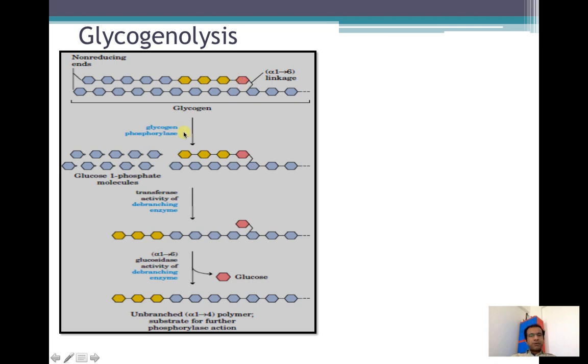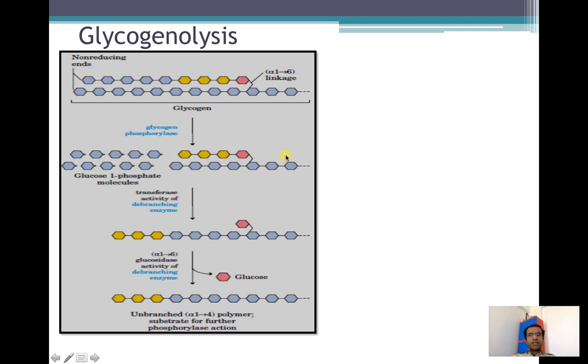It will continue until there are only 3 glucose molecules left in alpha 1,4 linkage. These yellow glucose molecules are linked by alpha 1,4, and they are 1, 2 and 3 in number. So glycogen phosphorylase will now stop. Then there will be action of another enzyme known as the debranching enzyme.